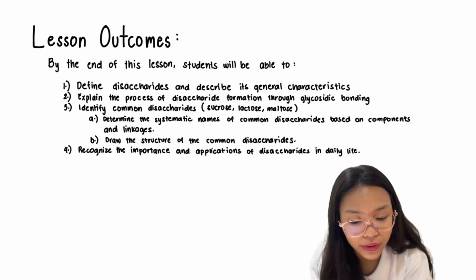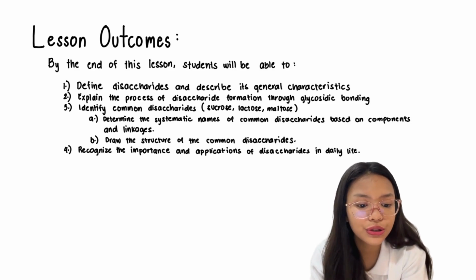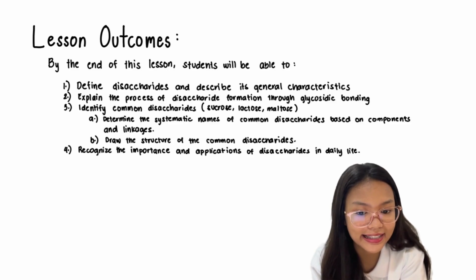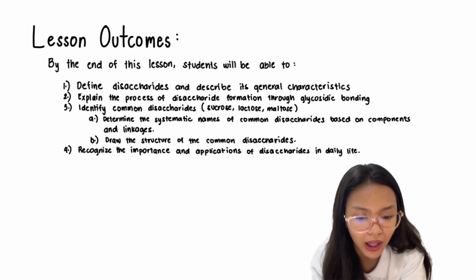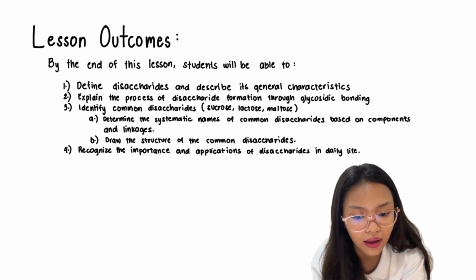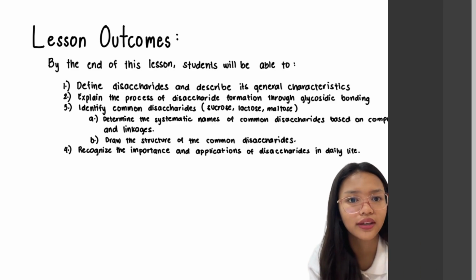For our learning outcomes, by the end of this lesson, students will be able to define disaccharides and describe their general characteristics, explain the process of disaccharide formation through glycosidic bonding, identify common disaccharides such as sucrose, lactose, and maltose, determine the systematic names of common disaccharides based on components and linkages, draw the structure of the common disaccharides, recognize the importance and applications of disaccharides in daily life.